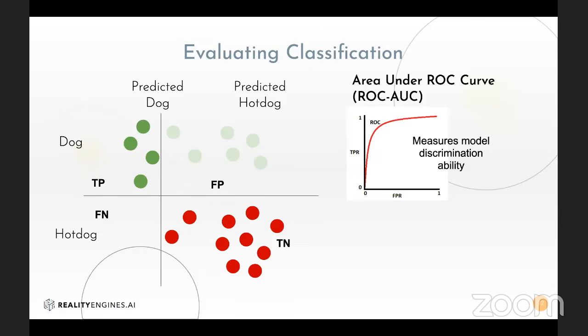ROC captures those metrics changing as you vary the threshold. An area under the ROC curve closer to 1 means that the model was good, and closer to 0 means that your model is not able to discriminate between the classes. So that's how you can interpret ROC.